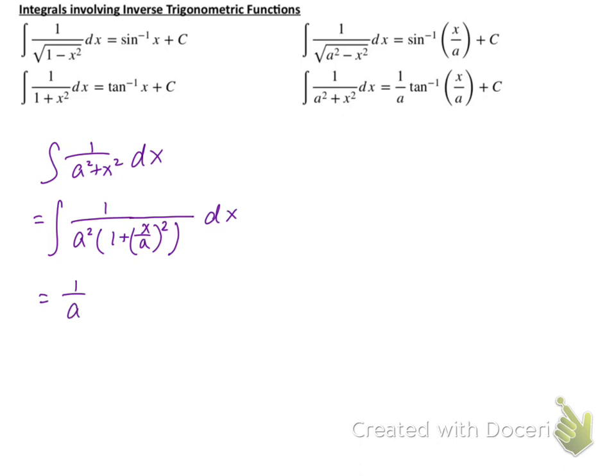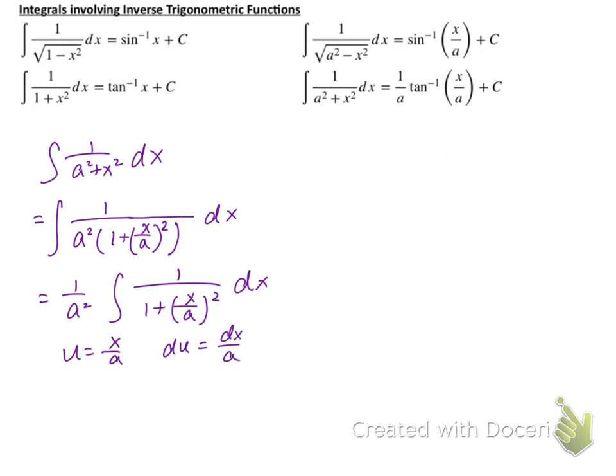Then I pull my 1 over a squared outside, 1 over 1 plus x over a squared dx. And obviously my u will be x over a. Then my du will be dx over a, or dx equals a du. Then I'm having 1 over a squared, 1 over 1 plus u squared, and dx is a du.